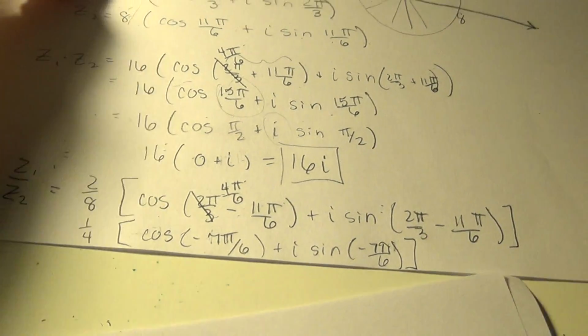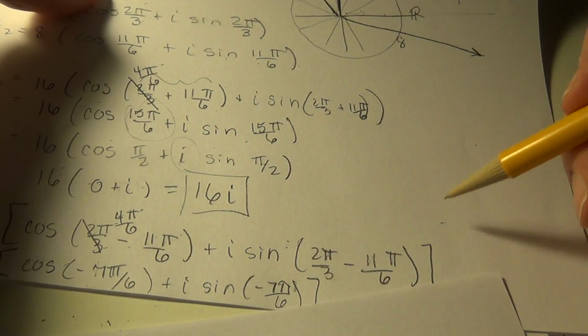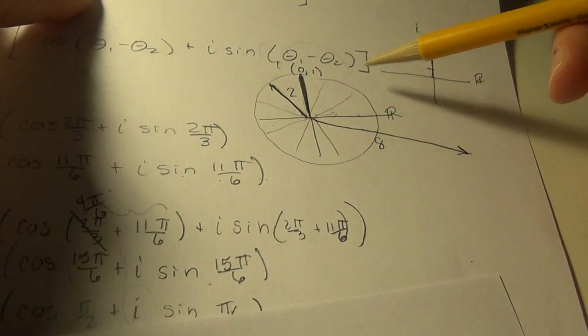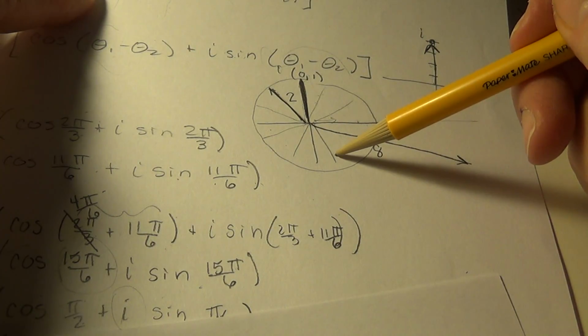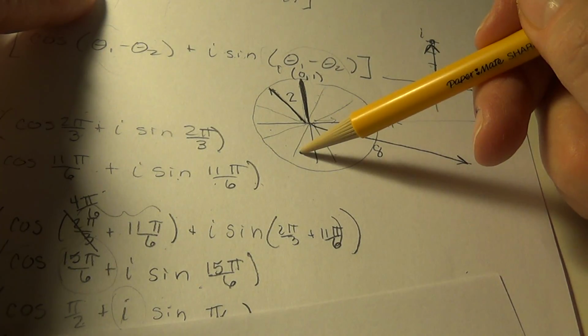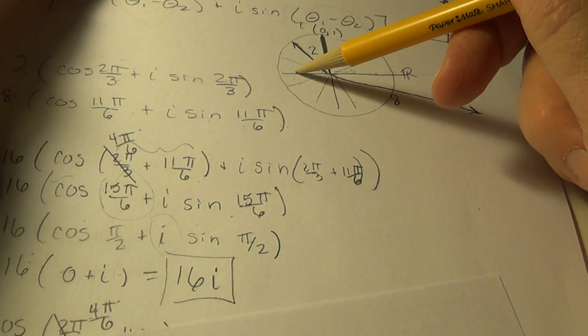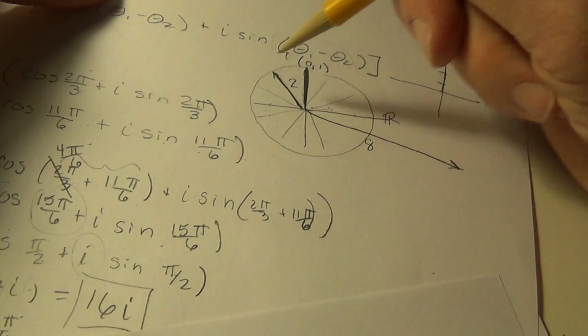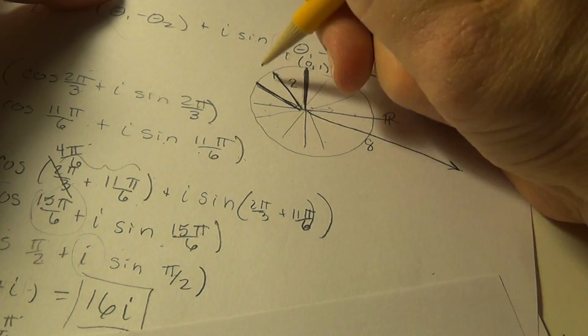All right, let's look where is negative 7 pi over 6. If I go up here to that unit circle, negative 1 pi over 6, 2 pi over 6, 3 pi over 6, 4 pi over 6, 5 pi over 6, and I'm looking for 7 pi over 6. So negative direction. So here's where I ended up, right here.